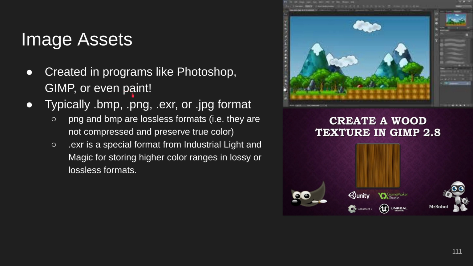working with BMP, PNG, EXR, or JPEG formats, okay? And usually in games, you're working with lossless formats, so the image looks as sharp as possible. JPEG is a lossy format, meaning it's compressed so that you lose some of the original texture. .exr is just a special format from Industrial Light and Magic, and they can store higher color ranges in this format, or even floating point values or things like that.